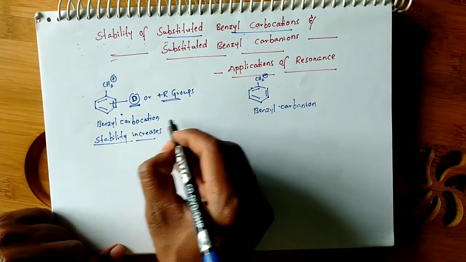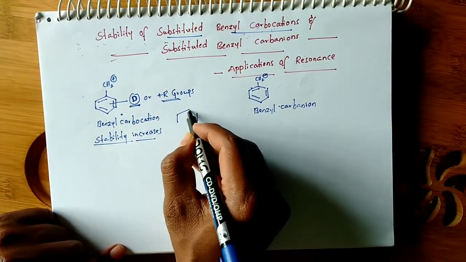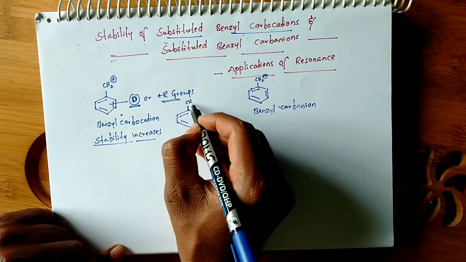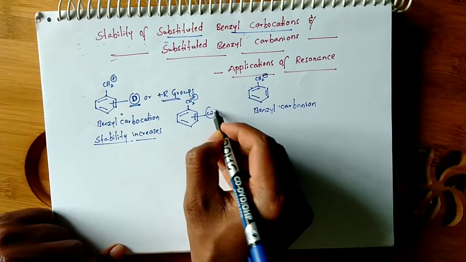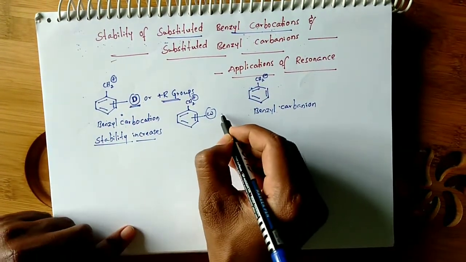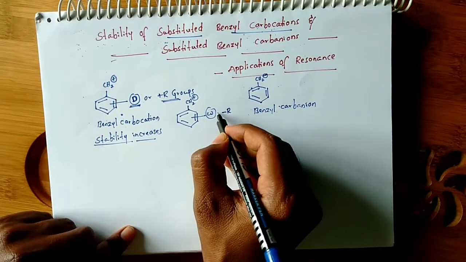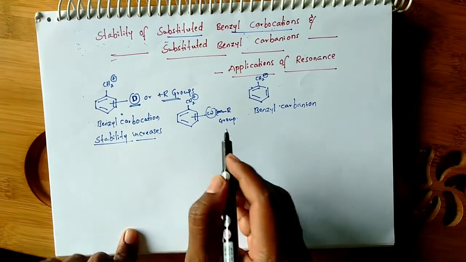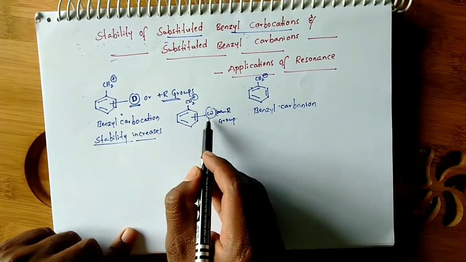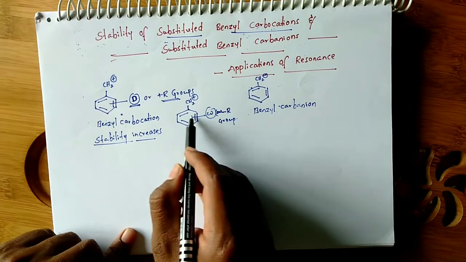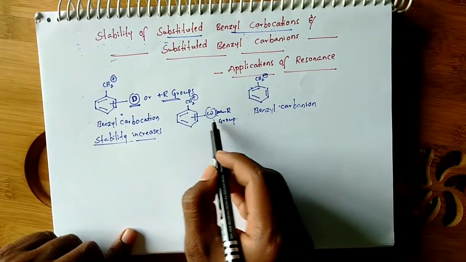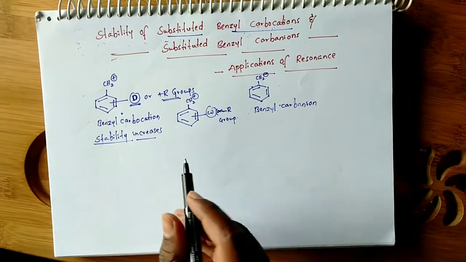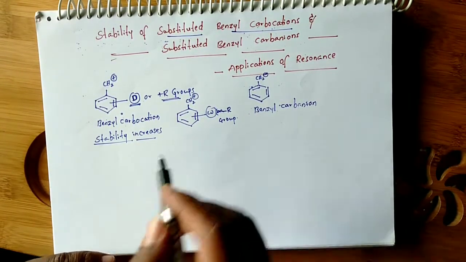Suppose an electron withdrawing group is present on the ring of the benzyl carbocation. Withdrawing group means a minus R group. There is already a deficiency, and it is again withdrawing electrons from the ring, from the molecule, so the stability decreases.